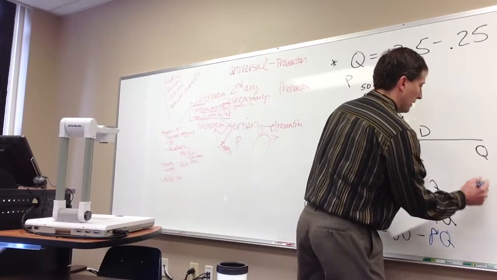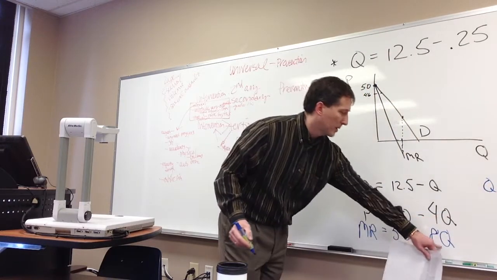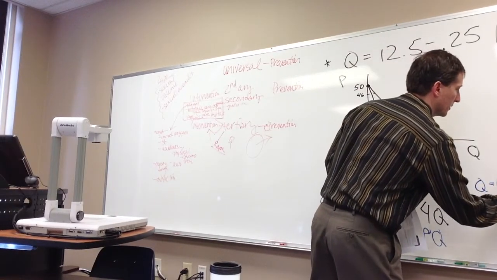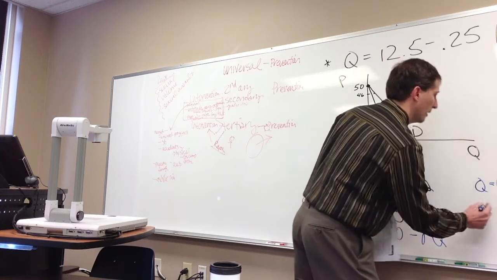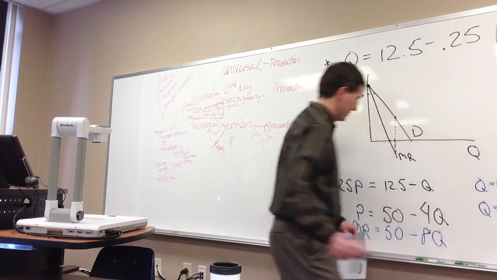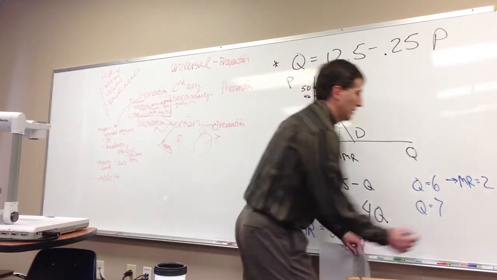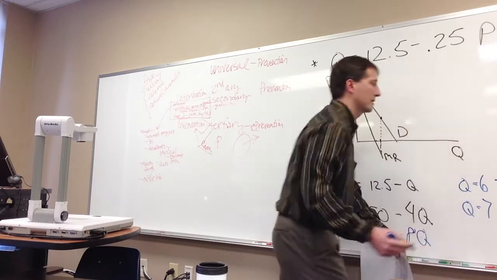At a quantity of 6, we simply plug in. 6 times 8 is 48. 50 minus 48 is 2. So marginal revenue equals 2. And if we look at the next unit at 7, 7 times 8 is 56, and marginal revenue is equal to negative 6.